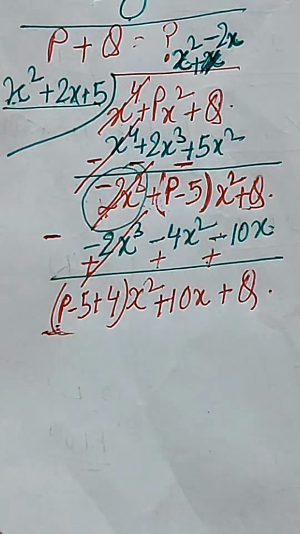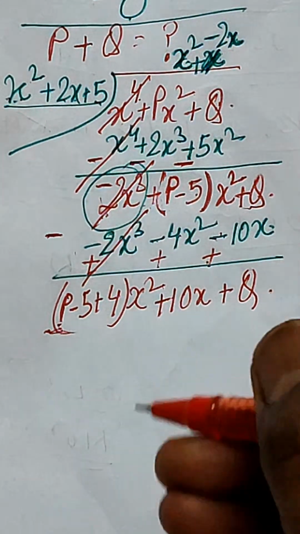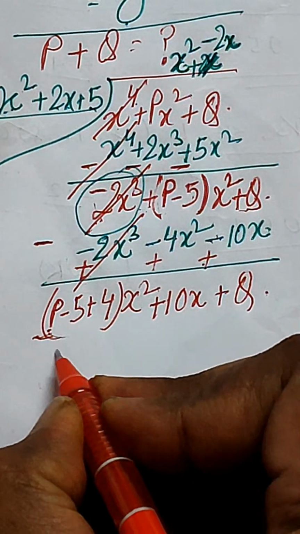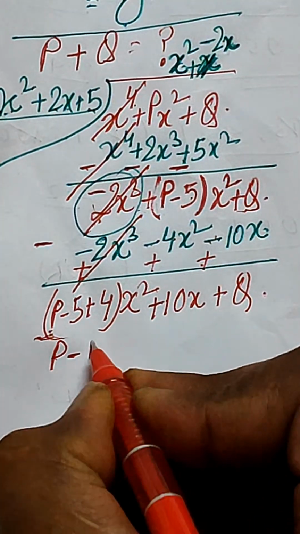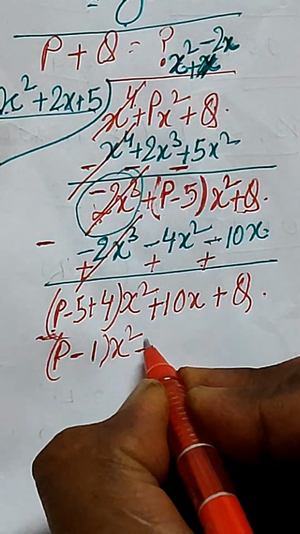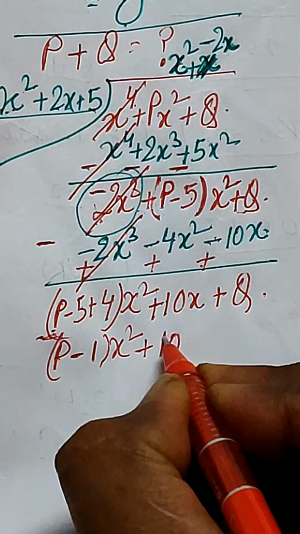This can be further simplified: minus 5 plus 4 can be written as p minus 1. So it will be p minus 1 times x square plus 10x.